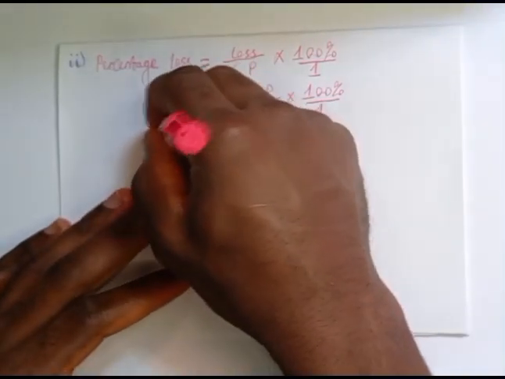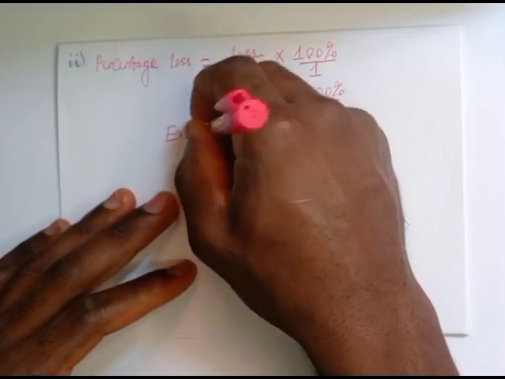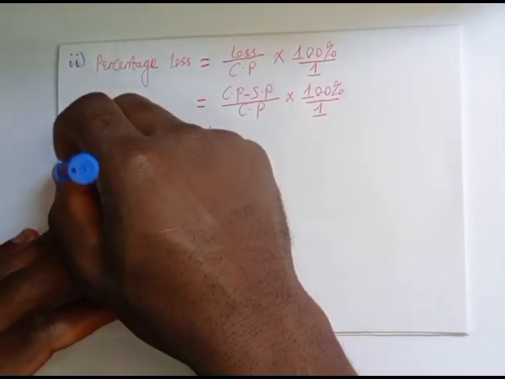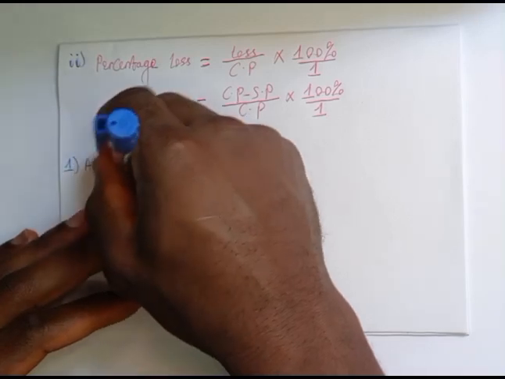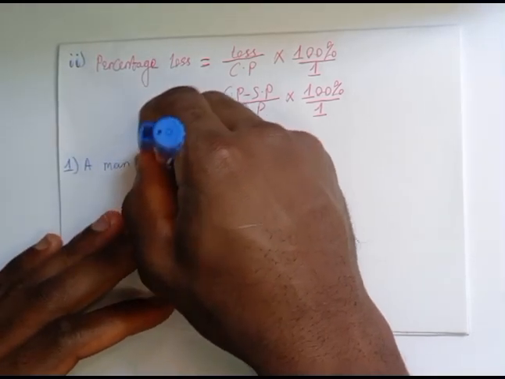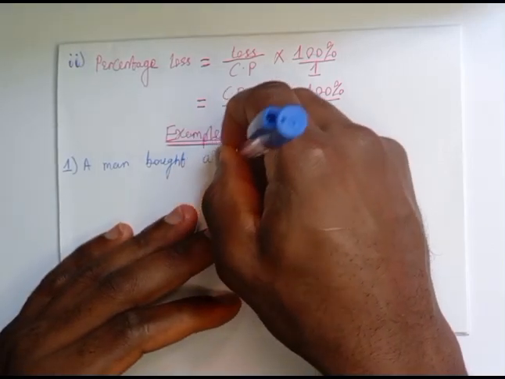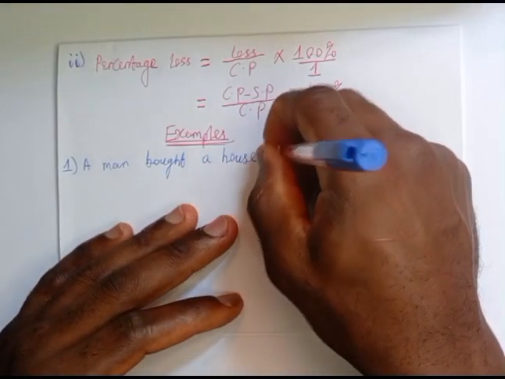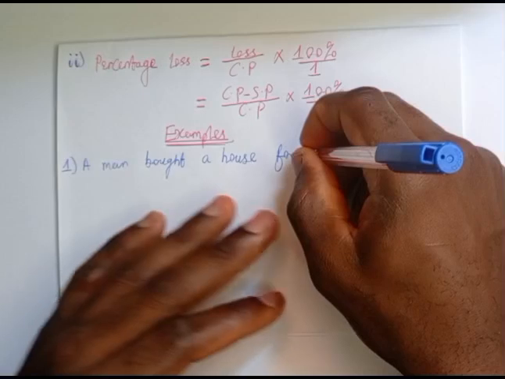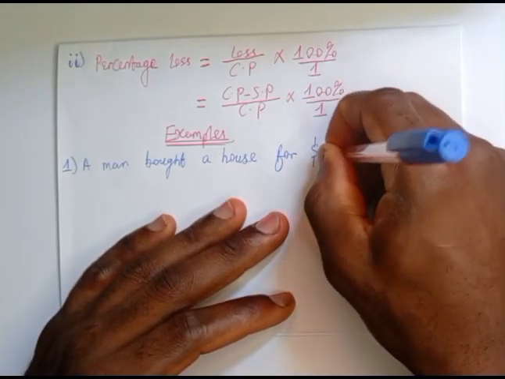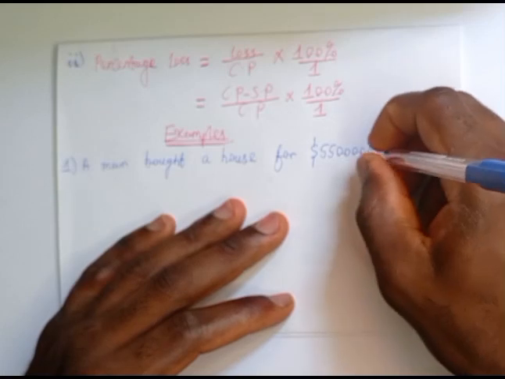We take examples. Question 1. A man bought a house for $5,500,000.